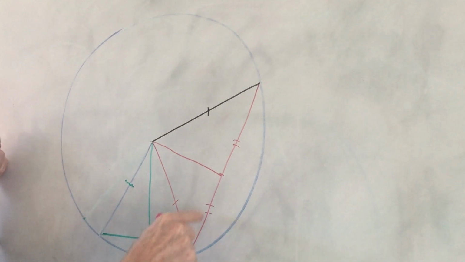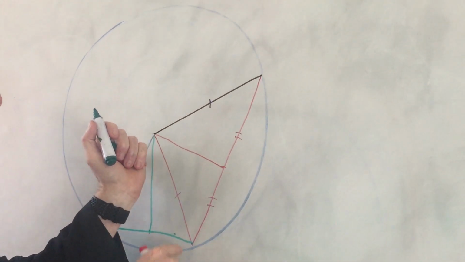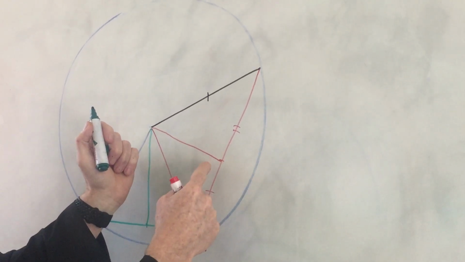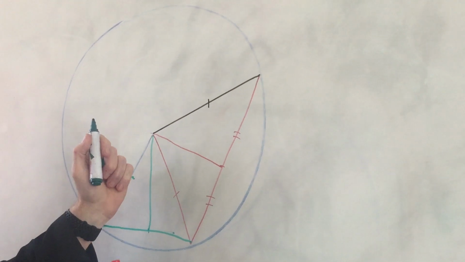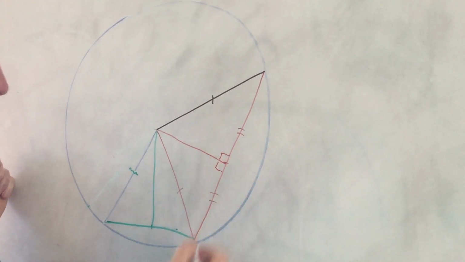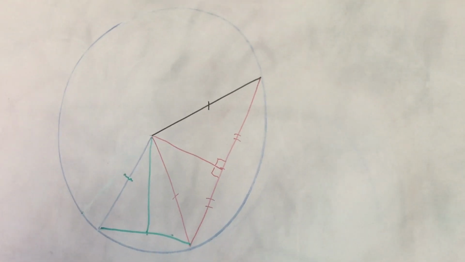And this is common, so you have two sides equal to two sides respectively, and the bases are equal because they're radii of the same circle. So the angles which those bases subtend must be equal. So this must be equal to this, and therefore they are right angles, because if you have adjacent angles equal to each other, they're right angles, okay?